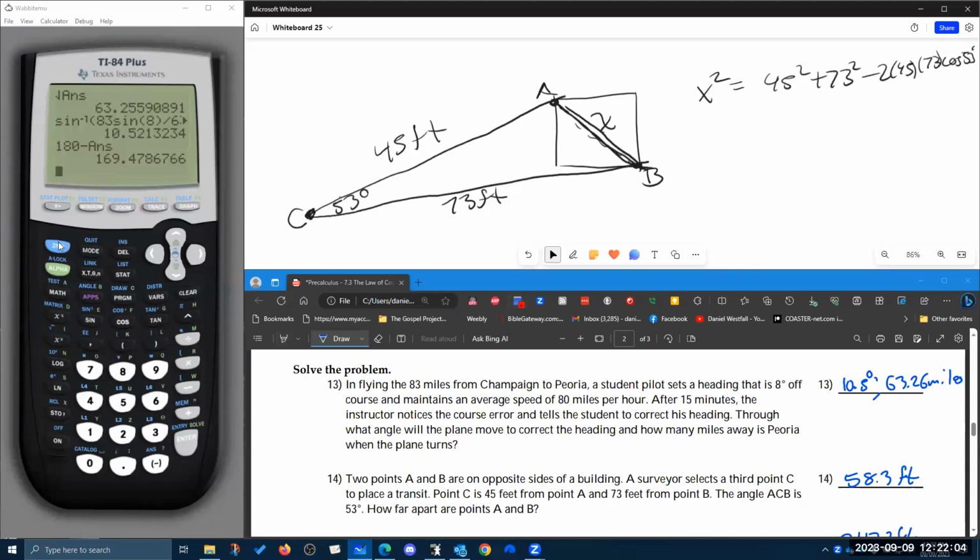So x is going to be the square root of that, and x is going to be about 58.3 feet.